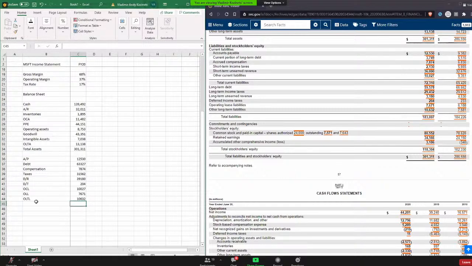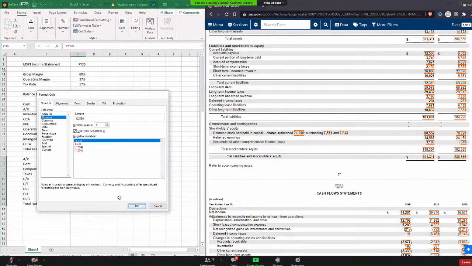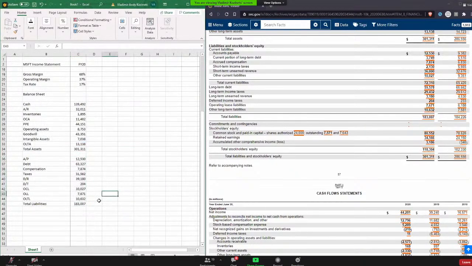Okay. And let's see if this adds up to the total liabilities. $183,007. Yep, it adds up. Okay, perfect. Let me reformat it. Then we have shareholder equity.